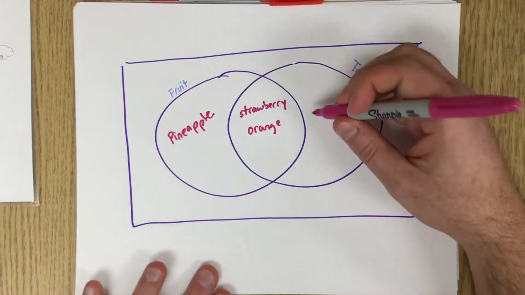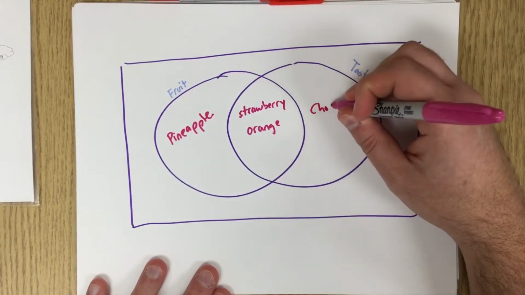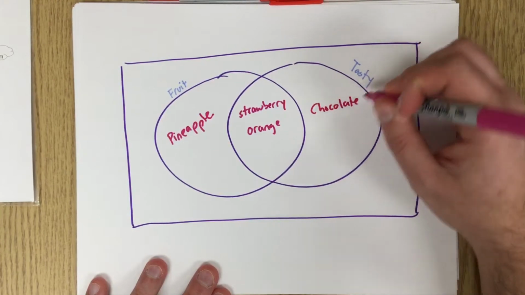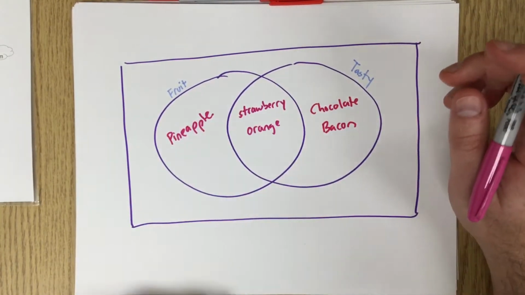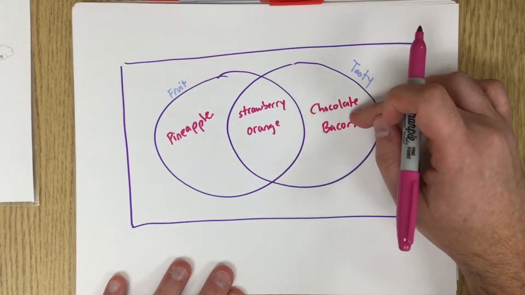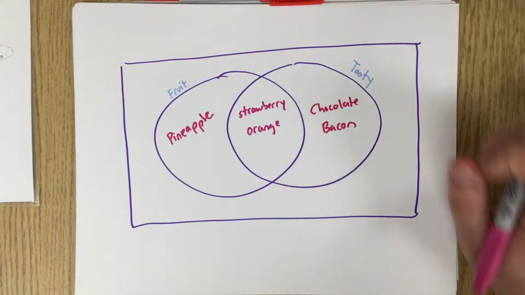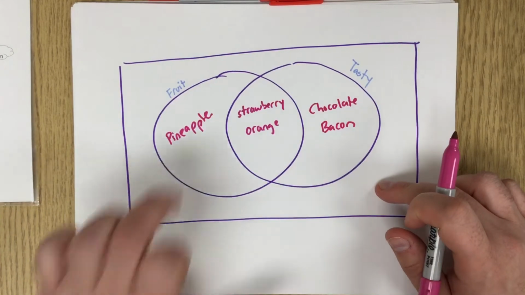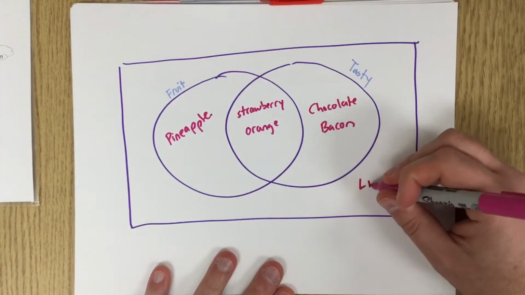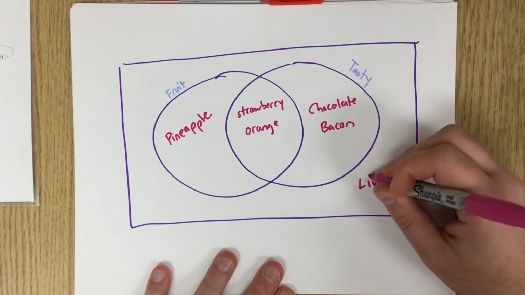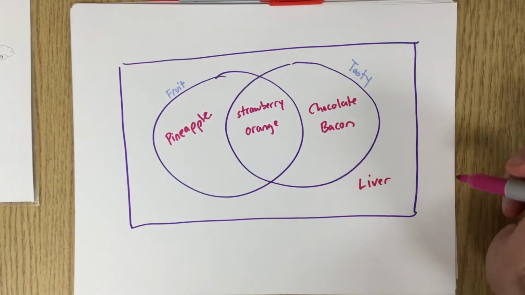So what's tasty and not a fruit? Chocolate, bacon. Well, maybe not. I'm not supposed to eat bacon. Those are things that are tasty, but not fruits. Over here would be something that's not a fruit and also not tasty. So clearly, liver. Not a fruit, not tasty.